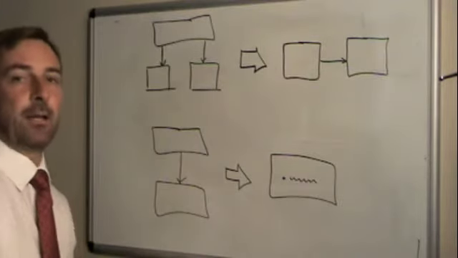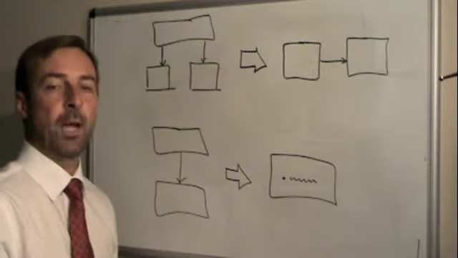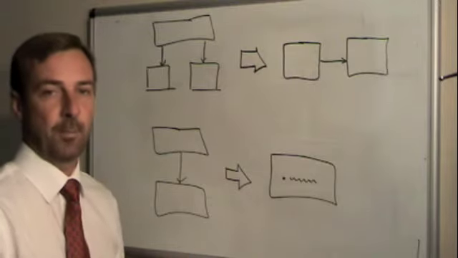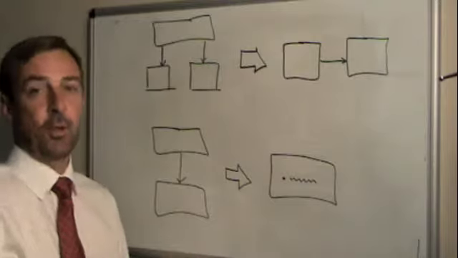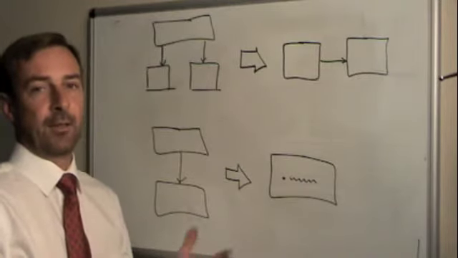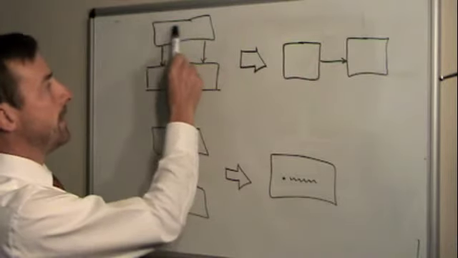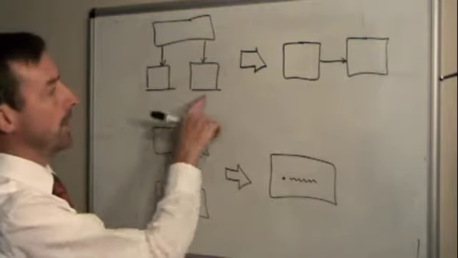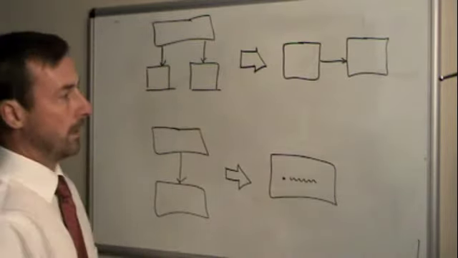In summary then, really there are two major ways in which you can remove time from a model to give you a much simpler and easier to communicate model. The first is where an entity exists purely in order to track the changes in a relationship over time. And what we're doing here is we're replacing this intersection entity with a relationship between the original two entities that it related.